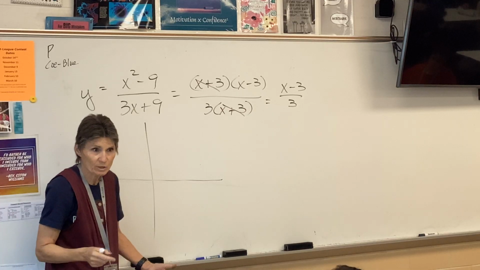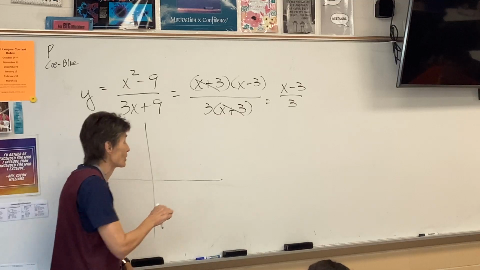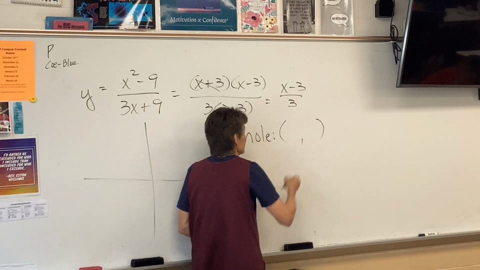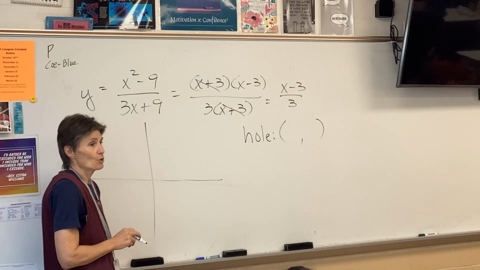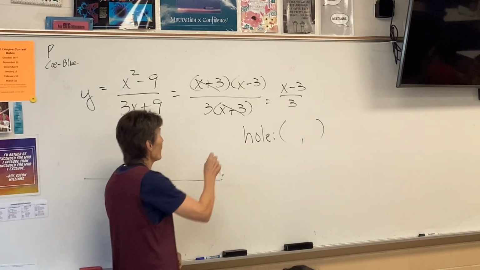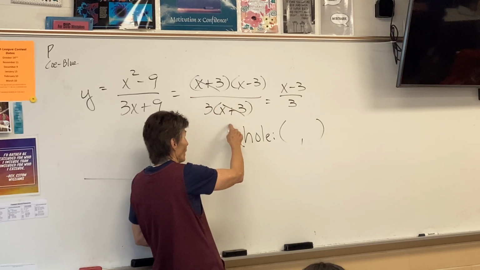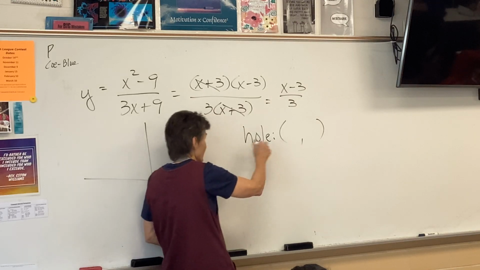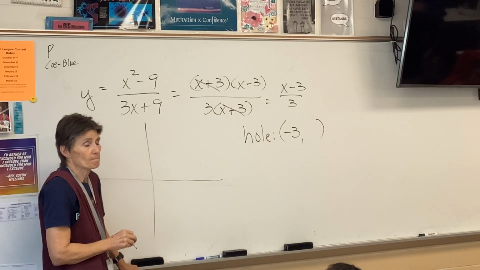You do remember something. We talked about all these asymptotes and things back when we talked about holes. If you cancel out an x plus something, you're going to have a hole. Where do you think that hole is going to be? Where x is negative 3.